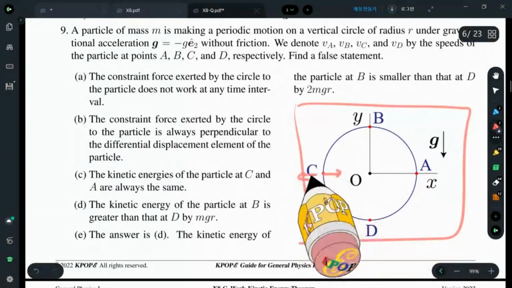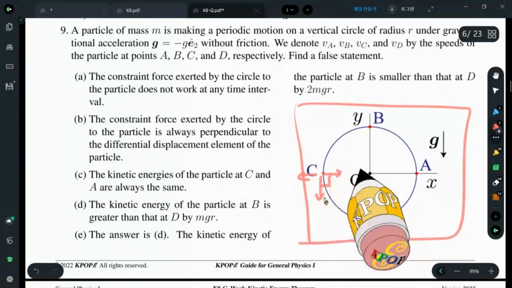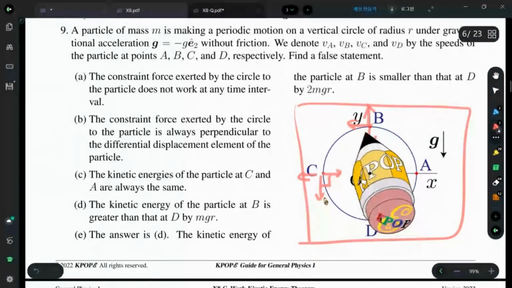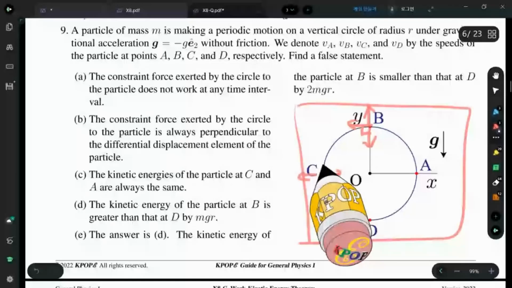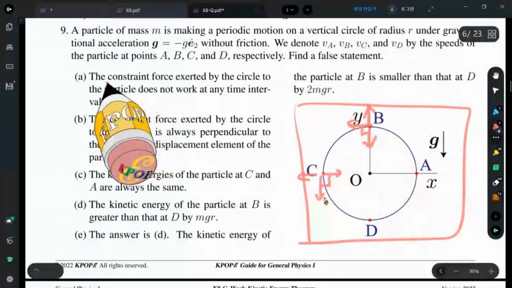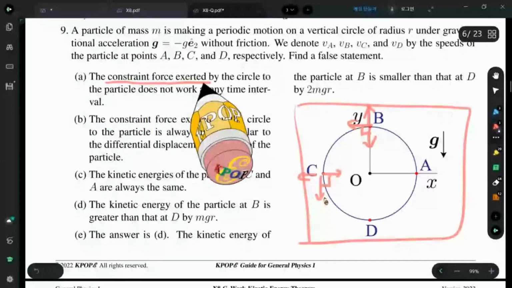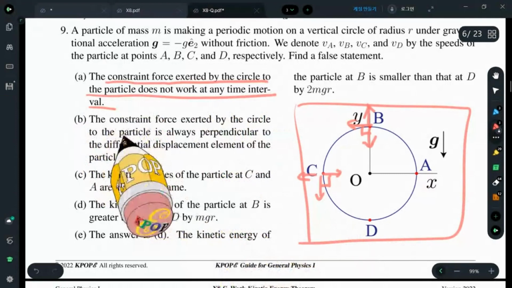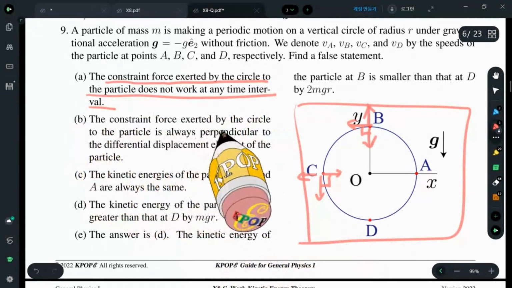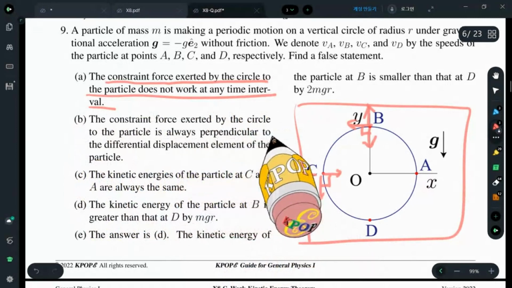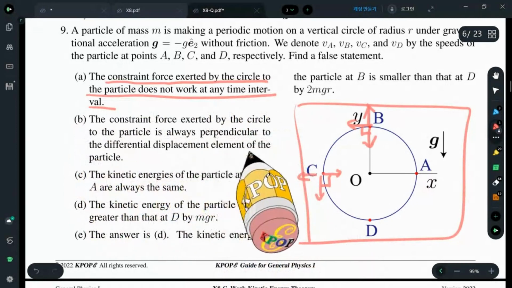The constraint force is a normal force, and that is always perpendicular. A normal force, either up or down, is always perpendicular to the motion of the particle. Therefore, the constraint force never carries out any work. The constraint force exerted by the circle on the particle is always perpendicular to the differential displacement.